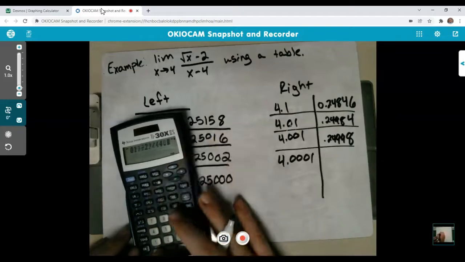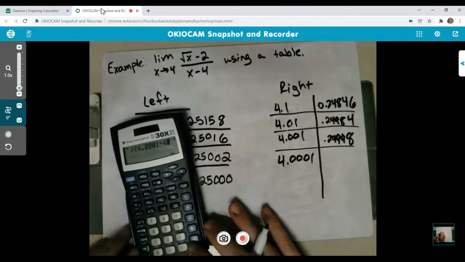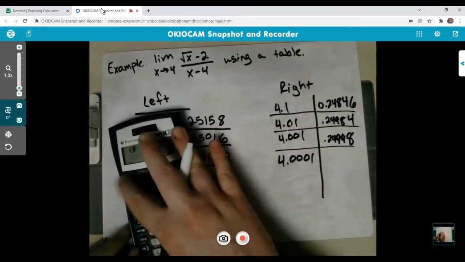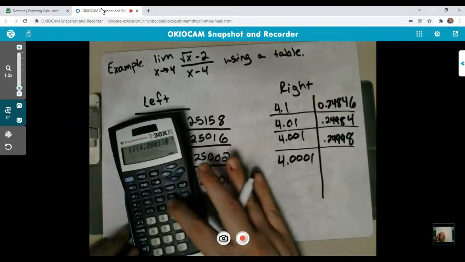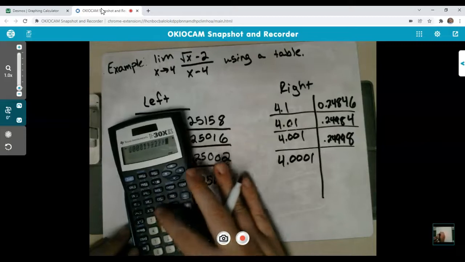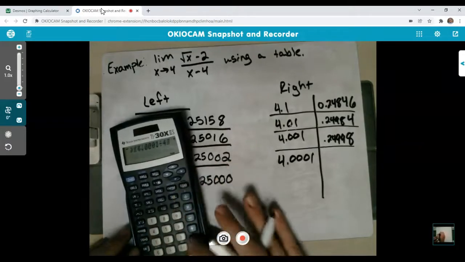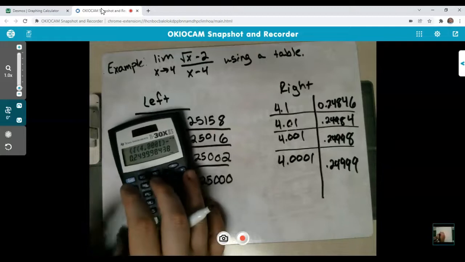I'm going way too fast. Let's see, I messed up again. Let's try it again, going too fast. Square root of 4.0001 minus 2 divided by 4.0001 minus 4 equals. There we go. 0.24999, something like that.